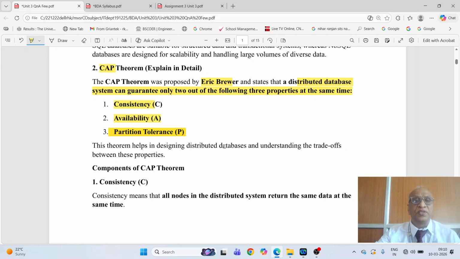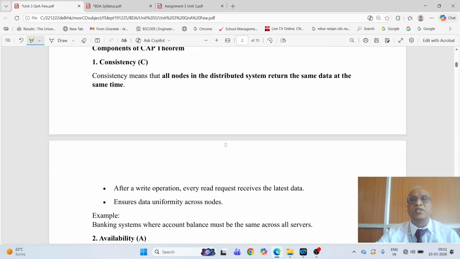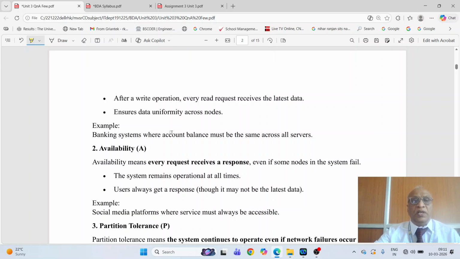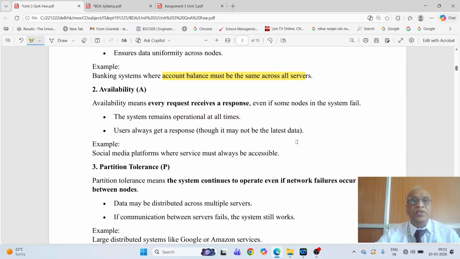So the combinations can be CP, that is consistency and partition tolerance, or AP, availability and partition tolerance. Consistency indicates that the same data will be retrieved in the distributed system. An example can be in a bank, account balance must be the same across all the servers.